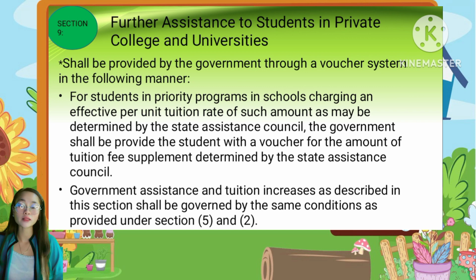First, for students in priority programs in schools charging an effective per unit tuition rate of such amount as may be determined by the State Assistance Council, the government shall provide the student with a voucher for the amount of tuition fee supplement determined by the State Assistance Council. Next, government assistance and tuition increases as described in this section shall be governed by the same conditions as provided under Sections 5 and 7.